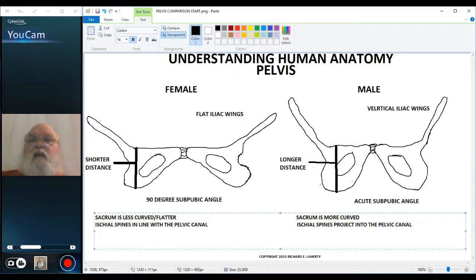Now, the other thing is the size of the opening of the pelvic canal. In the female, if you measure distances across the pelvic rim, or pelvic inlet, they are longer.